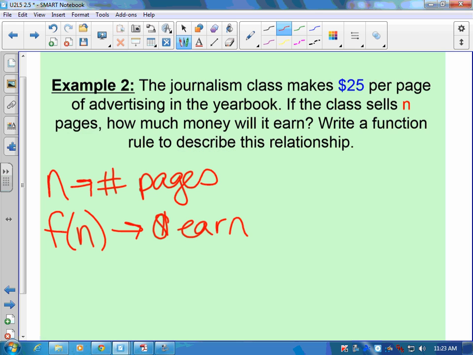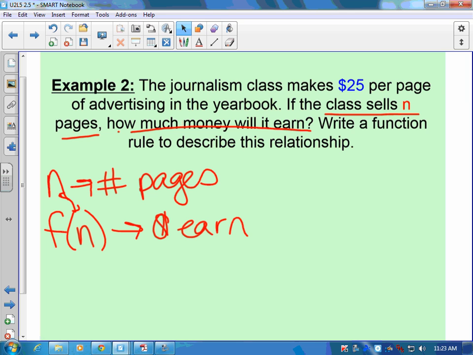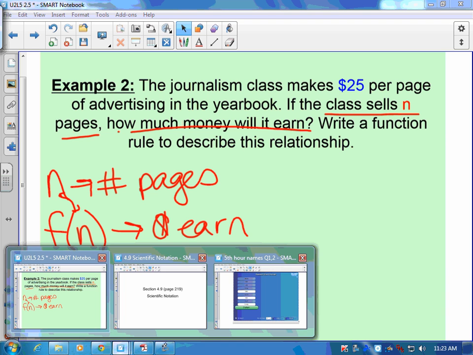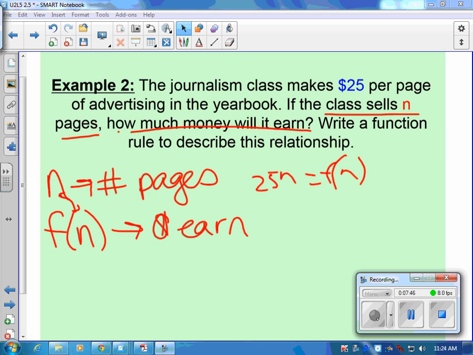So I am writing a function, the class sells n pages, and I want to know how much money we're going to earn. So if I use the variable n, that has to match f of n, a function of the variable n. And now I need to use this information to write a function. Where did the 25 come from?